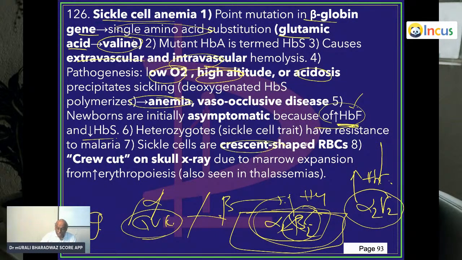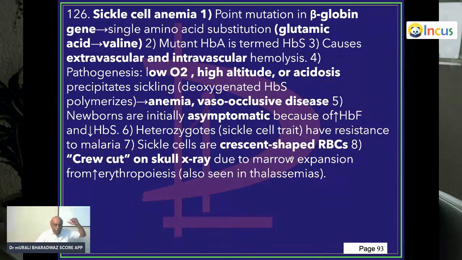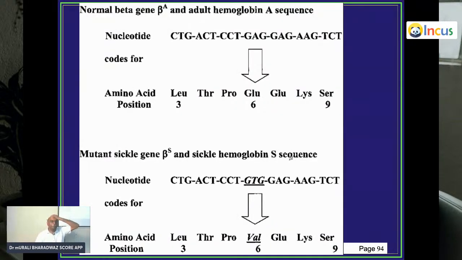Then crescent-shaped RBCs, crew cut on the skull X-ray, just like thalassemia, because of extramedullary hematopoiesis is what you need to remember. So remember, doctor, that the GAG trinucleotide is changed into GTG. GAG became GTG. Glutamate became valine.